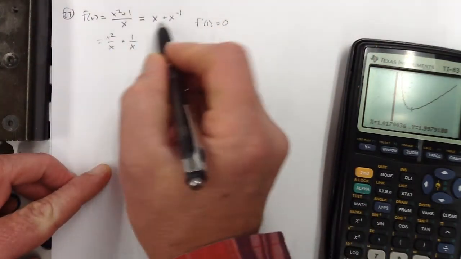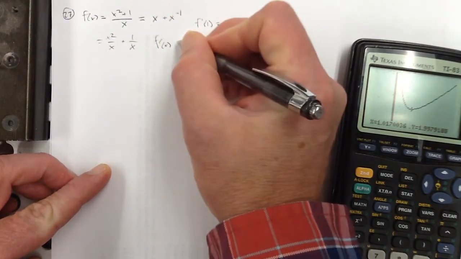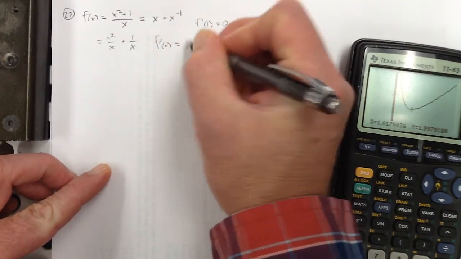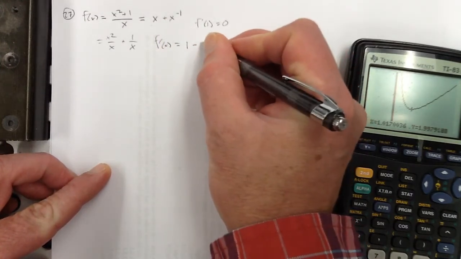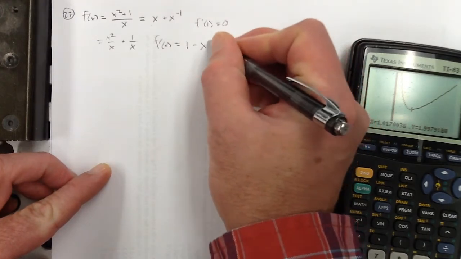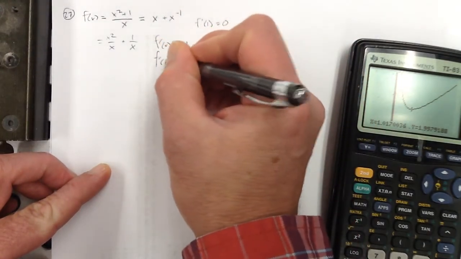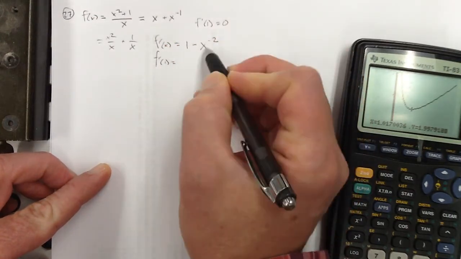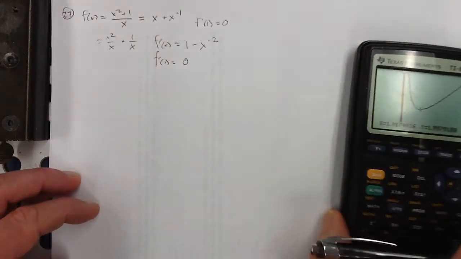Now let's see if that's actually true. So what is f prime of x? It's 1, and then the -1 kicks out to the front, and then we drop that exponent. So when we plug 1 in for this, 1 minus 1 to the -2 is still 1, so it is indeed 0.